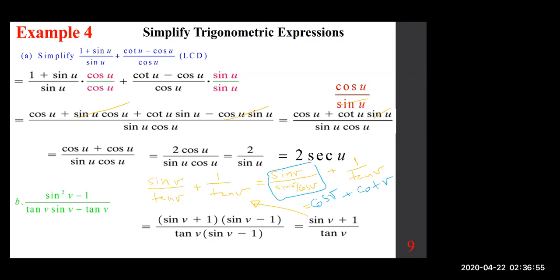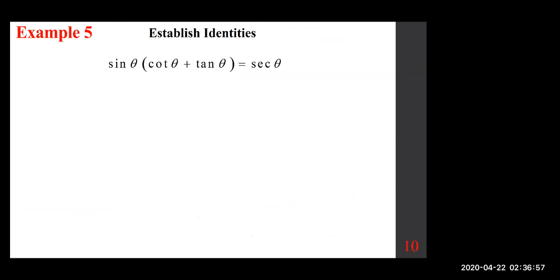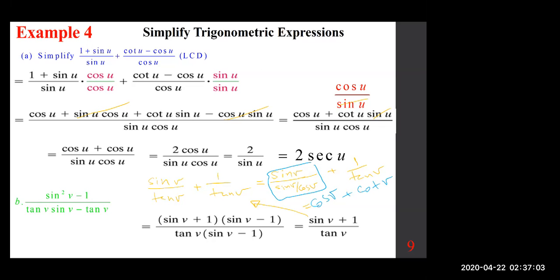Yes, sir, I have one brief question. You want me to bring it back? Okay, go ahead, please. On letter A, towards the right side, you have that cotangent got replaced by cosine over sine. Then you eliminated the sine with sine.